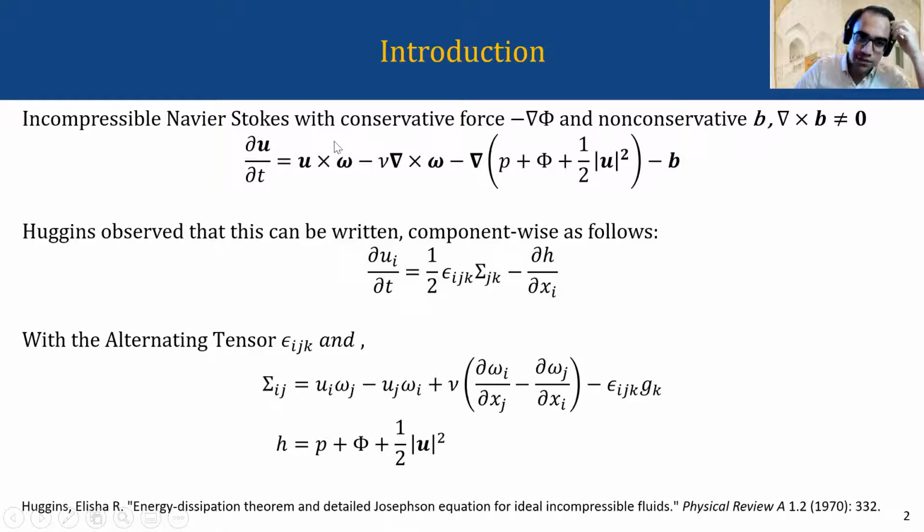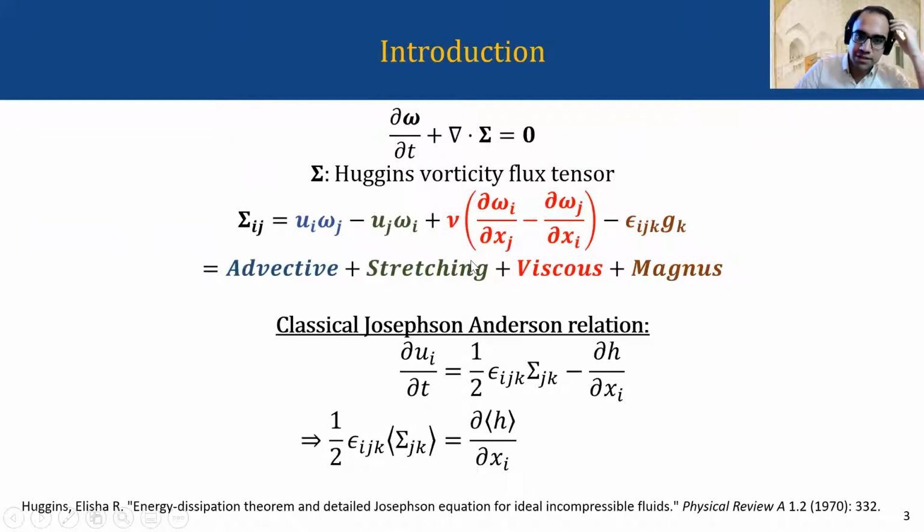is again these two terms, it's representing the flux of vorticity. So sigma ij is representing the flux of the ith component of vorticity in the jth direction. I hope I got that right.